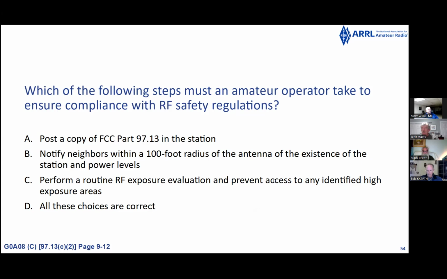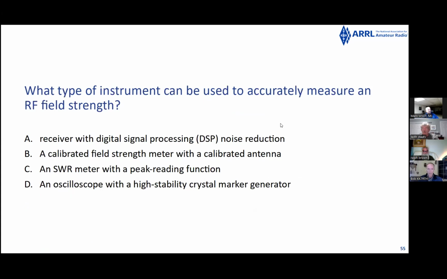You could be right if we took B out. Oh, right. What type of instrument could be used to accurately measure RF field strength? A receiver with digital signal processing, noise reduction; a calibrated field strength meter with a calibrated antenna; an SWR meter with a peak reading function; an oscilloscope with a high stability crystal marker generator.